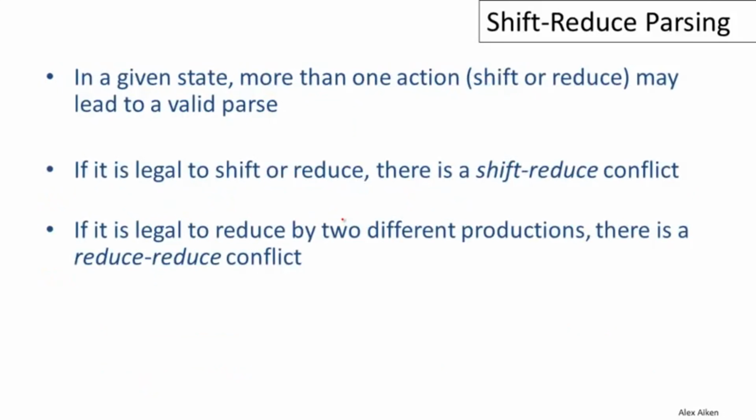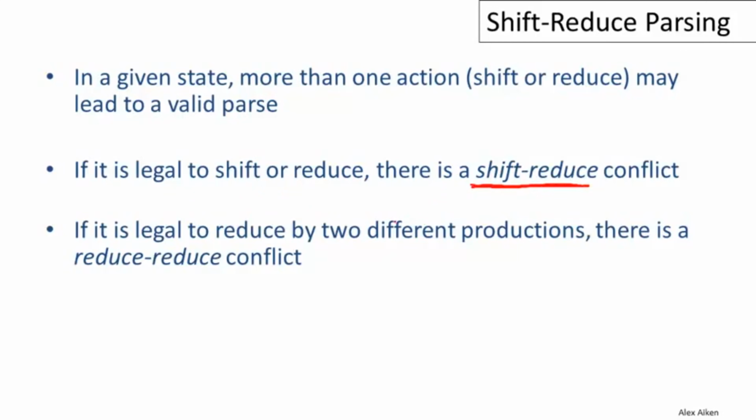Now it can happen that in a given state more than one action, shift or reduce, may lead to a valid parse. So in particular, if it's legal to shift or reduce, if you could do either one of those things, then we say there is a shift-reduce conflict. The parser could either read one token of input and push it on the stack, or it could perform a reduction.